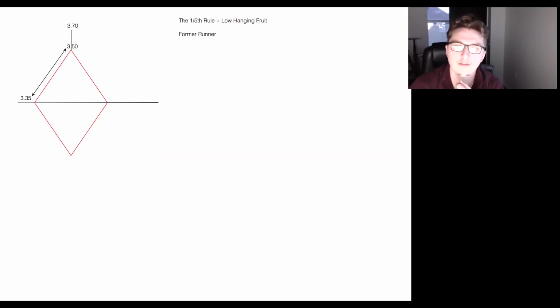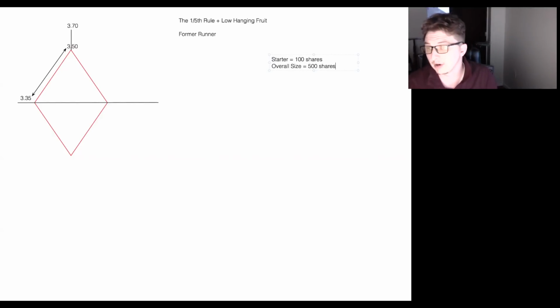Okay. And the 1/5 rule is simply this. If I start a position and my starter is equal to 100 shares, then that means my overall size will be equal to 500 shares.